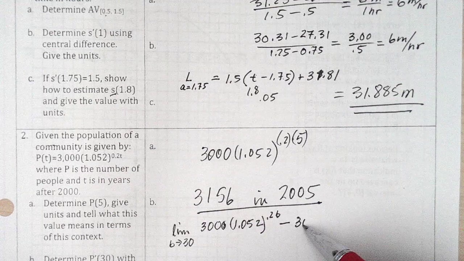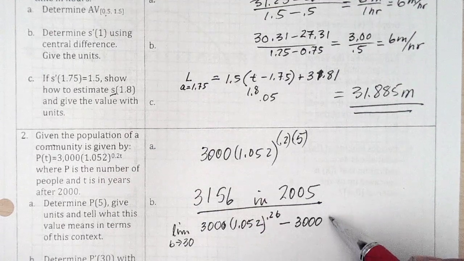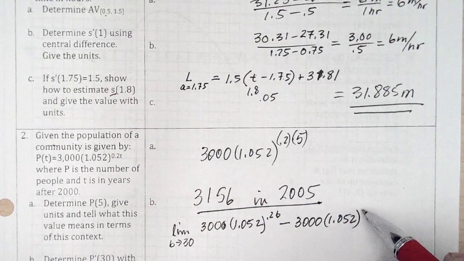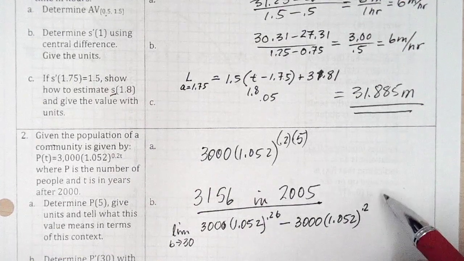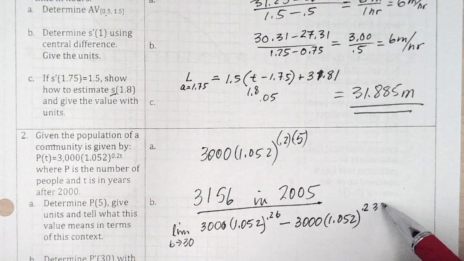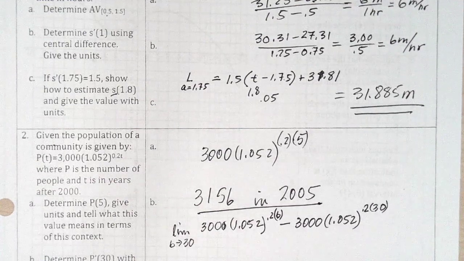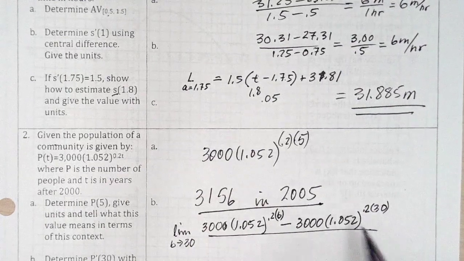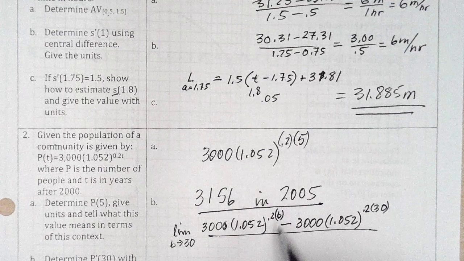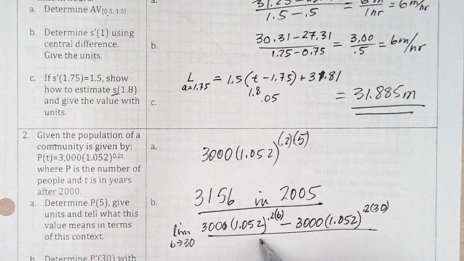P of b is 3000 parenthesis 1.052 to the 0.2 b, minus 3000 times 1.052 to the 0.2 times 30. I better put the b in parentheses, so it doesn't look like 0.26, over b minus 30.